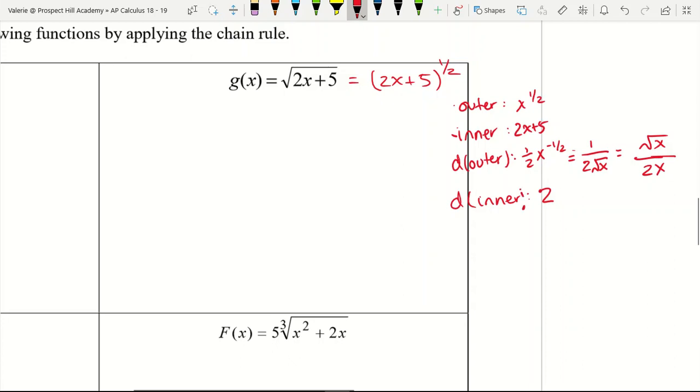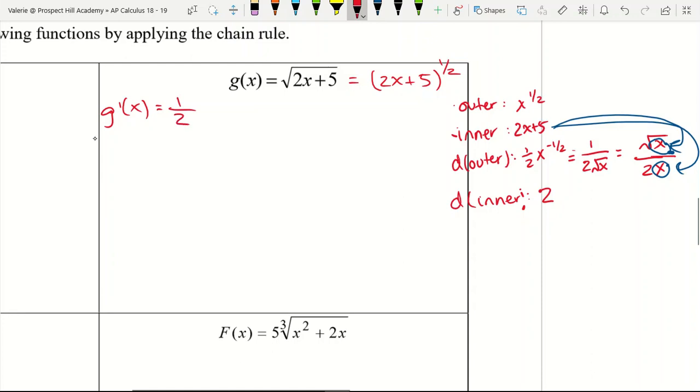So to find g prime of x, we need our mama, which is our outer function, and our mama needs to be pregnant. So every time we see x, we're going to plug in our inner function. So we'll have our outer function, which is 1/2 root x.